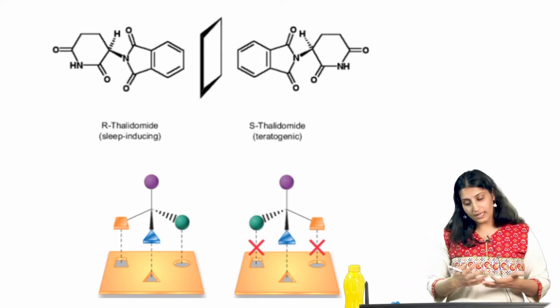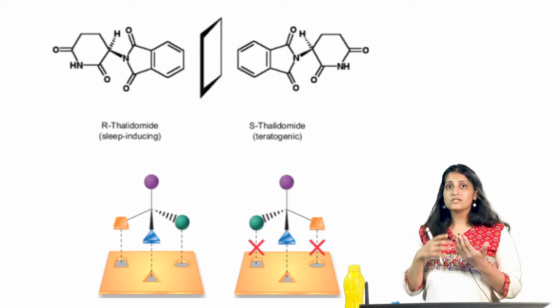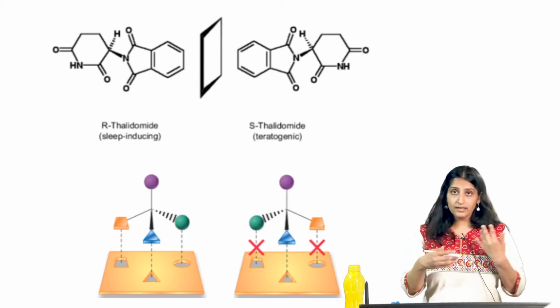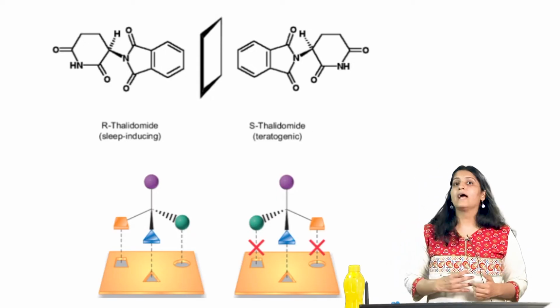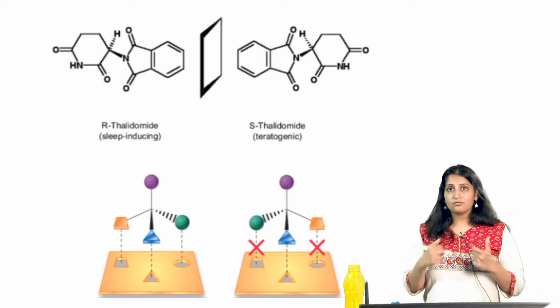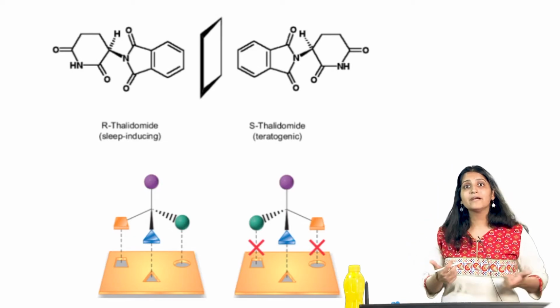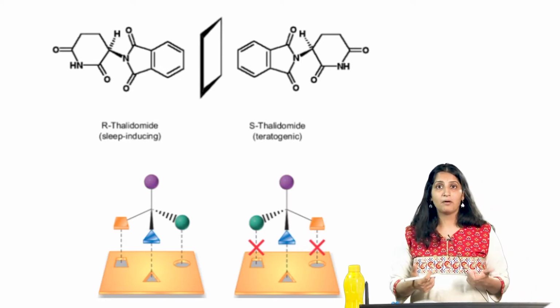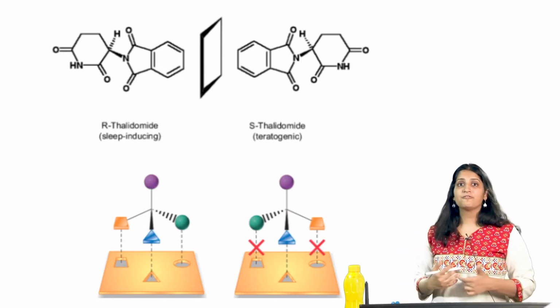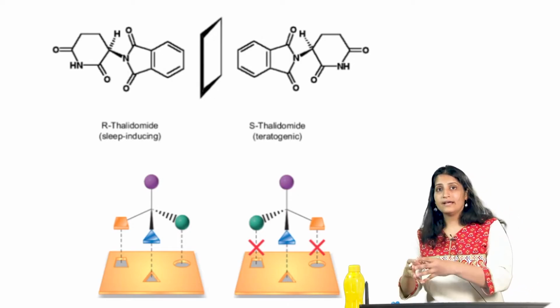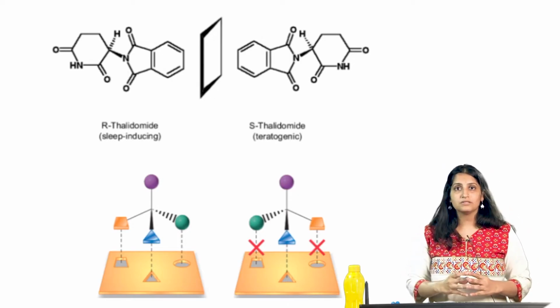What was happening is that S thalidomide was actually targeting some other receptors in the body, resulting in the birth defects in babies. So, when doctors prescribed thalidomide, they were not aware that it existed as a mixture of two compounds that resulted in two different outcomes. As you can see, R was the right drug and S was the poison for the babies.